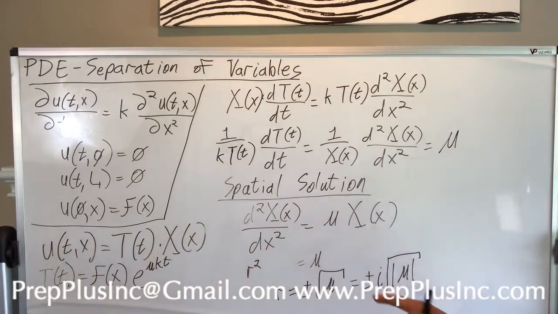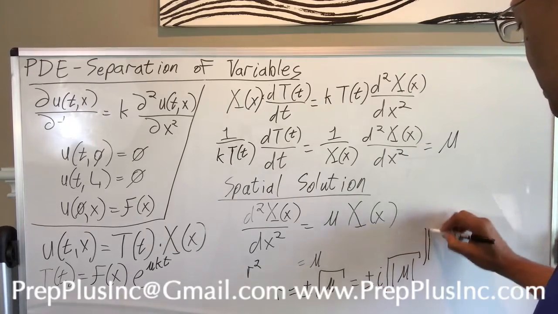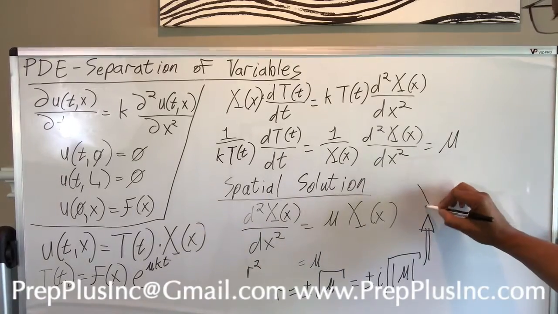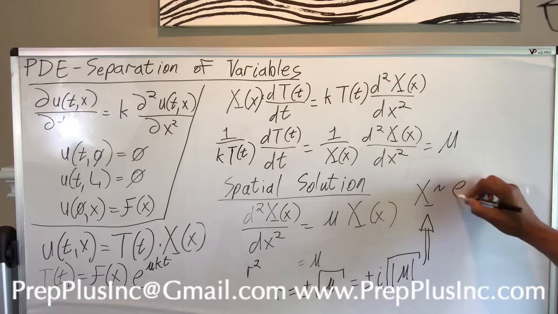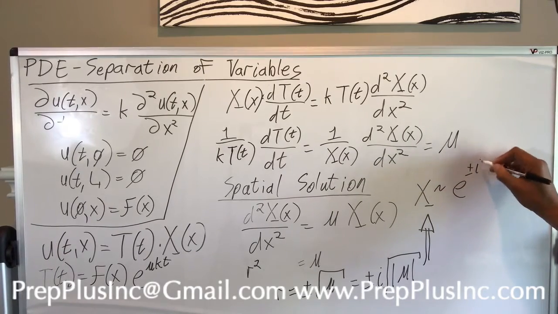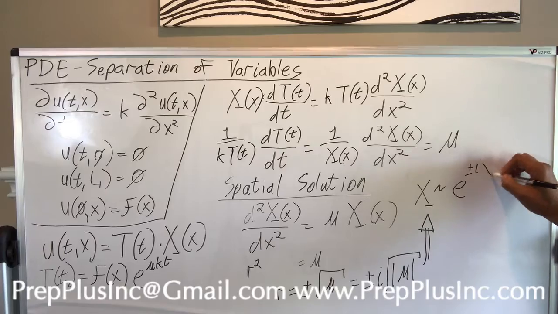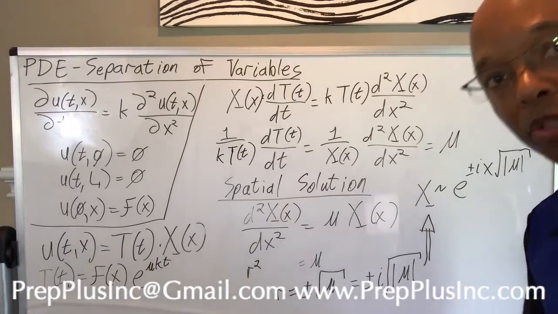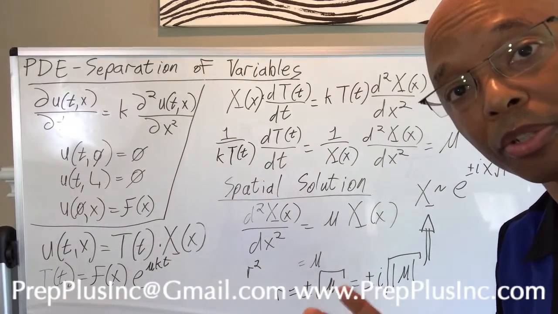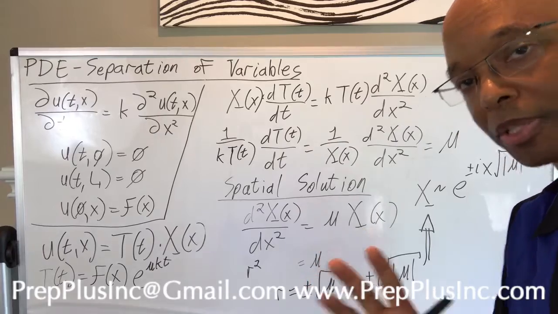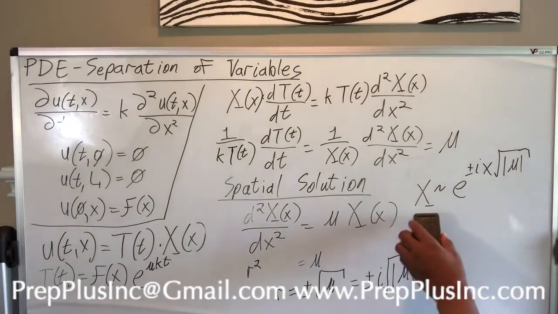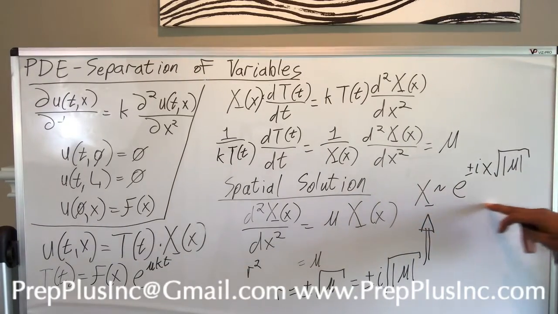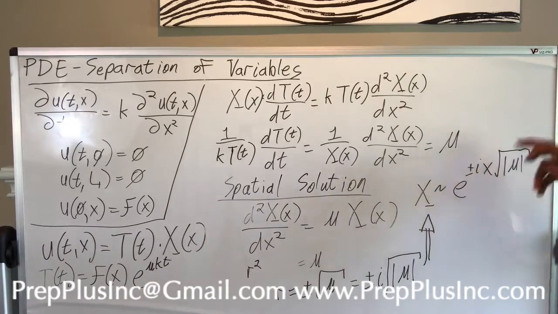From our guessed solution, the solution is going to be of the form e to the plus or minus i x square root of the absolute value of mu. Don't worry, we're getting to the spatial part of the solution.